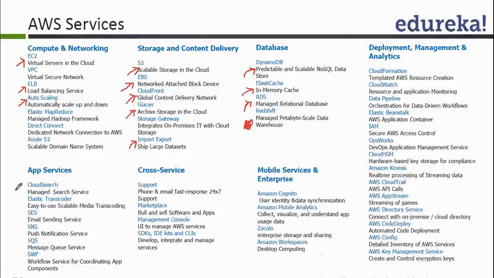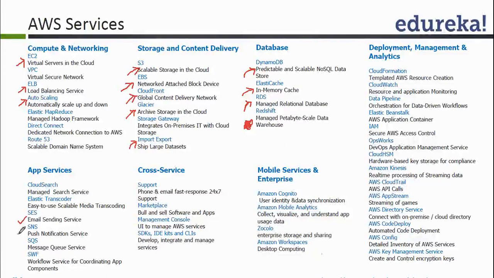Coming to the bottom, CloudSearch is like a search service for your application. If you know Solr, it would be like this. Elastic Transcoder is a service which helps to convert from one format to another, like a content media format. So MP3 to MP4 or some transcoding you want to do, you can use Elastic Transcoder. Amazon Simple Email Service is useful when you want to send bulk mails.